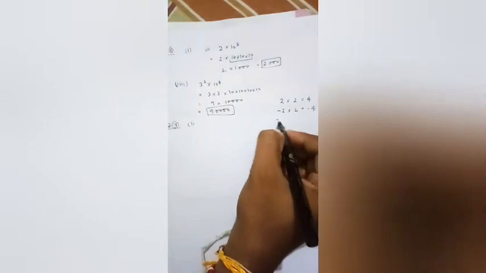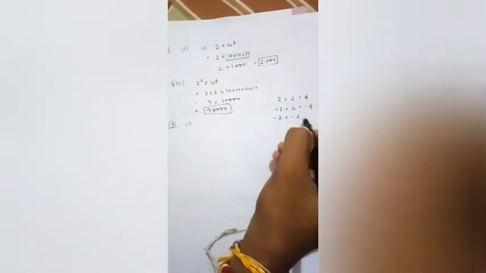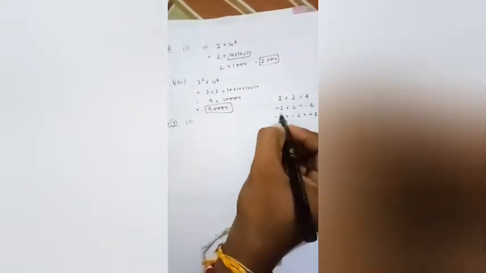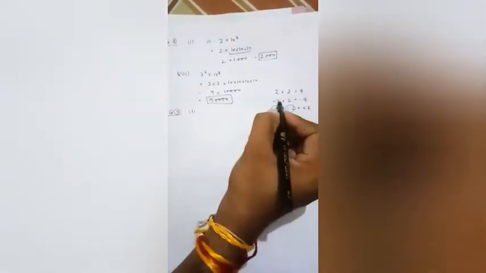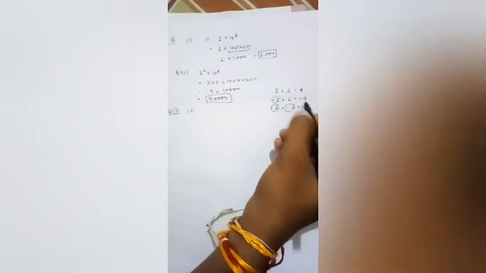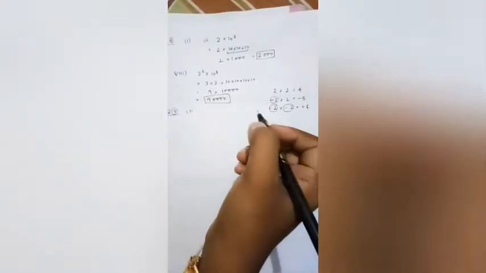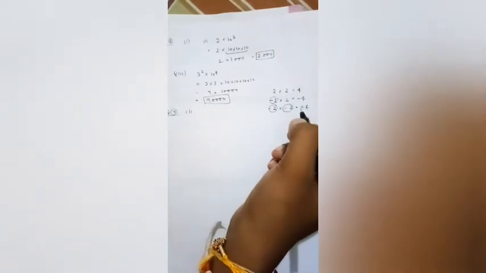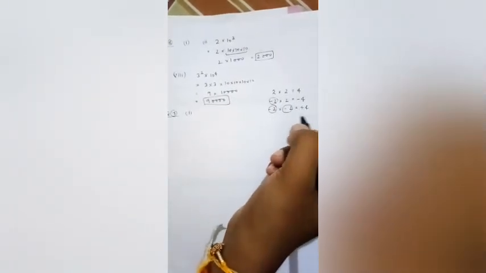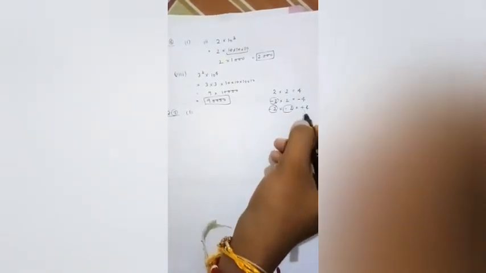If you multiply minus 2 into minus 2, the answer would be plus 4. It means if two minus signs are there, the answer would be plus. If one minus sign is there, the answer would be minus. So if in the whole expression an odd number of minus signs are there, the answer would be minus. If an even number of minus signs are there, the answer would be plus.